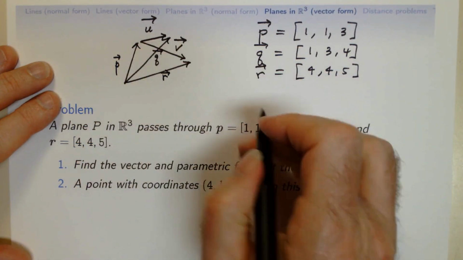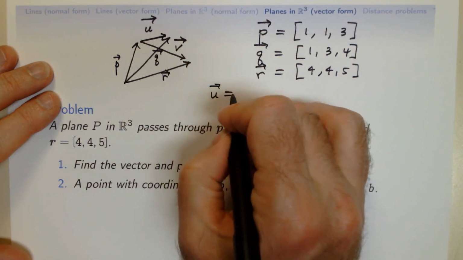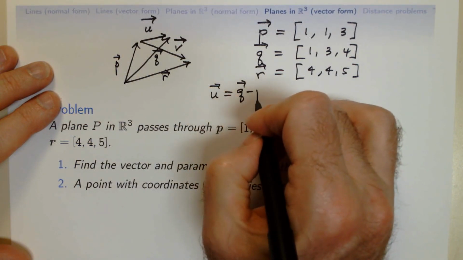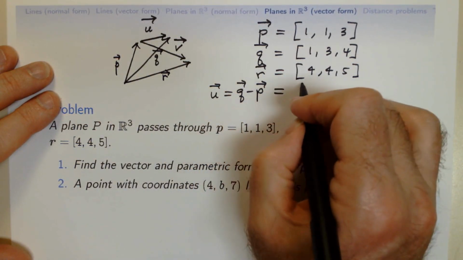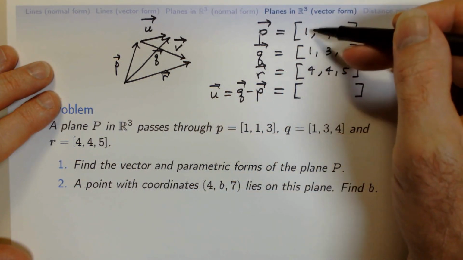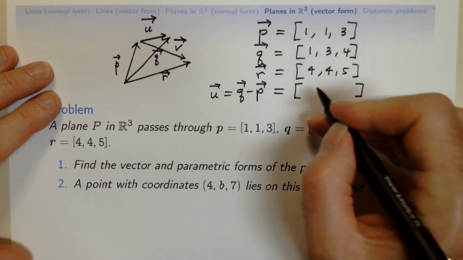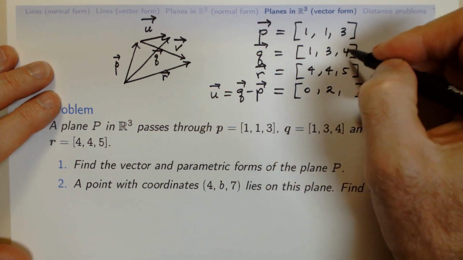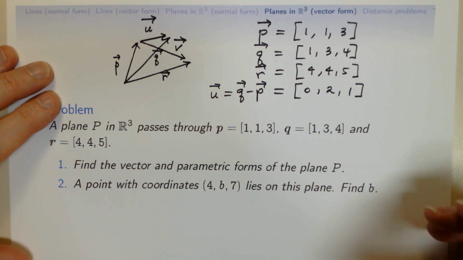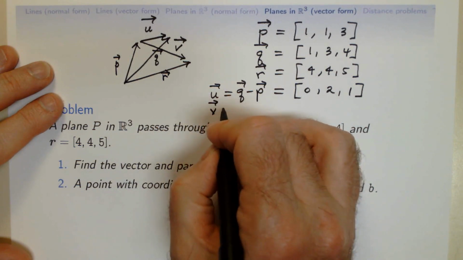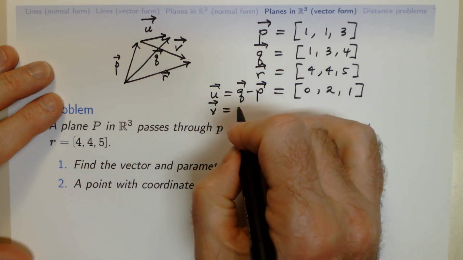So when I want to form our vector U, I'm going to take Q minus P, and we can work out the components of that. We're taking Q minus P, so our subtractions are going this way, so we'll have 1 minus 1 is 0. 3 minus 1 is 2, and 4 minus 3 is 1. So there's one of our direction vectors. And the other one we're calling V by taking R minus P.